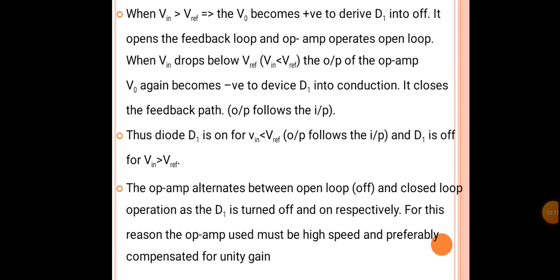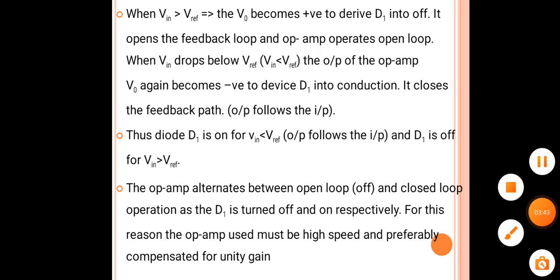When V input is greater than V reference, the V0 becomes positive to drive D1 into off. It opens the feedback loop and the operational amplifier operates open loop. When V input drops below V reference, the output of the operational amplifier V0 again becomes negative to drive D1 into conduction. It closes the feedback path.